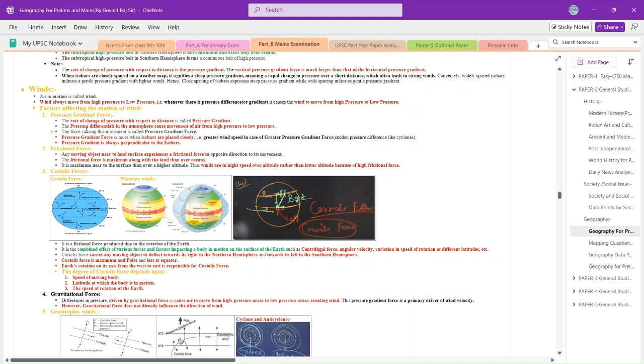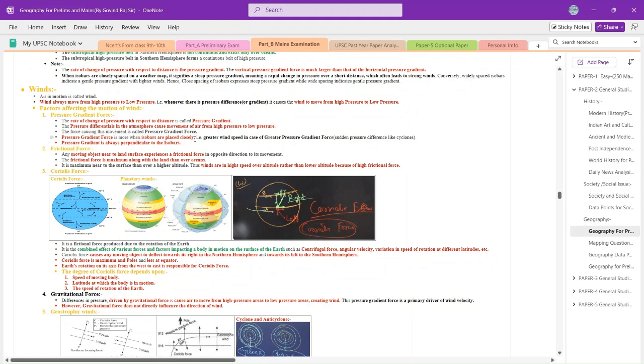Similarly, a pressure differential in the atmosphere causes the movement of air from high pressure to low pressure. We know that pressure gradient force is more when isobars are closely placed.